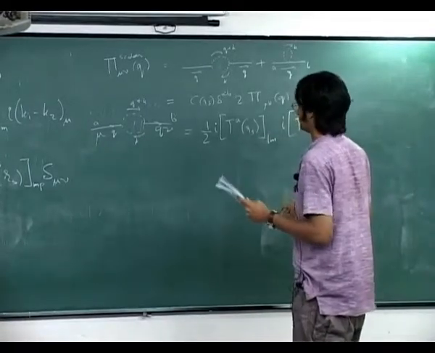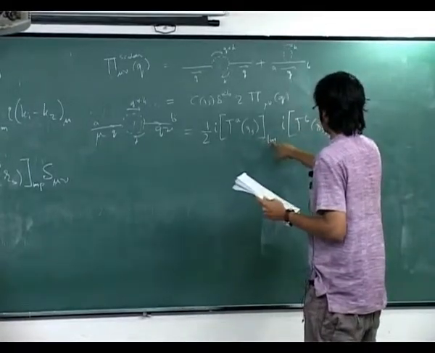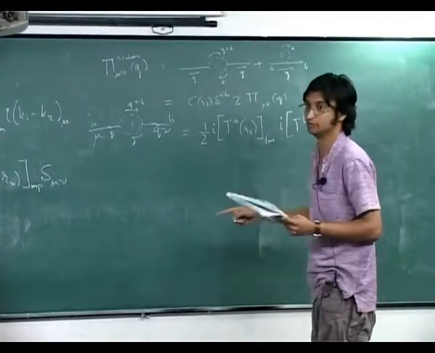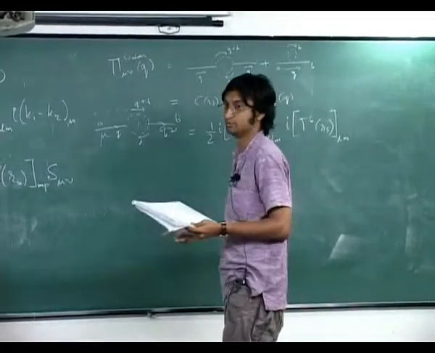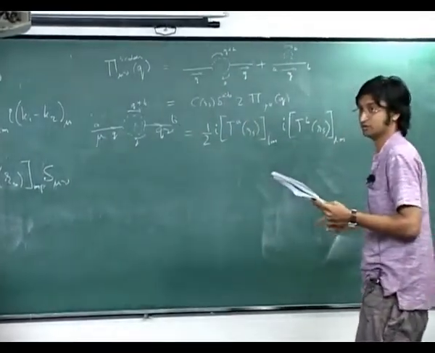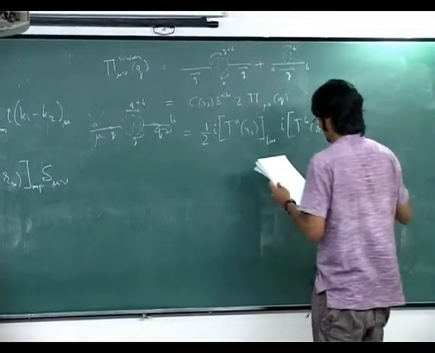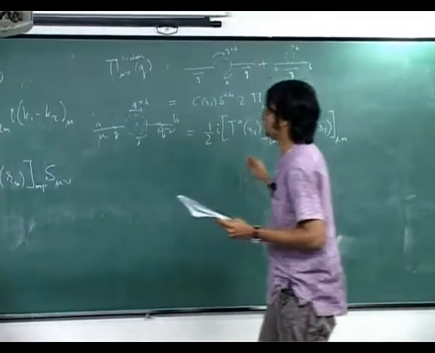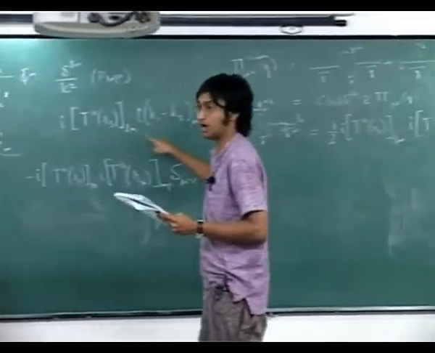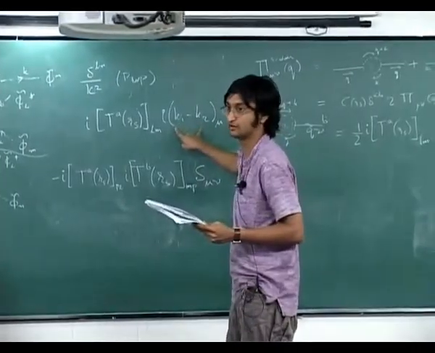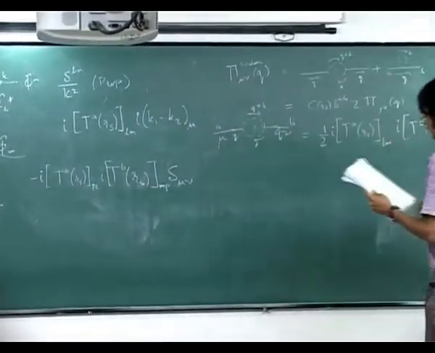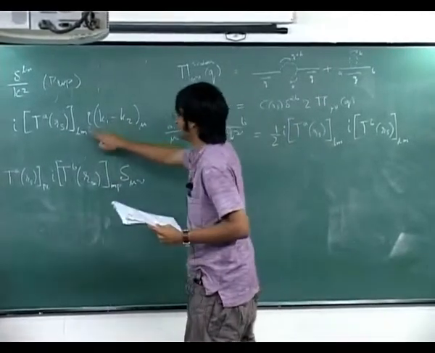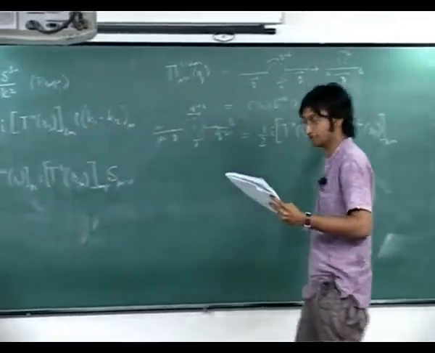So this LM here is being contracted with this LM here because these are the only two indices which are there, so they'll have to be contracted with one another. I have still not put this factor yet. I'll do that. So this i comes from here, this i comes from there. There will be one more i which will come from the momentum which I am going to write down.